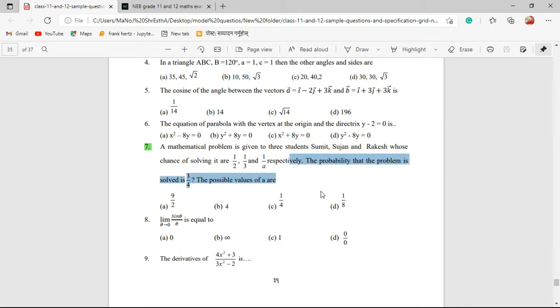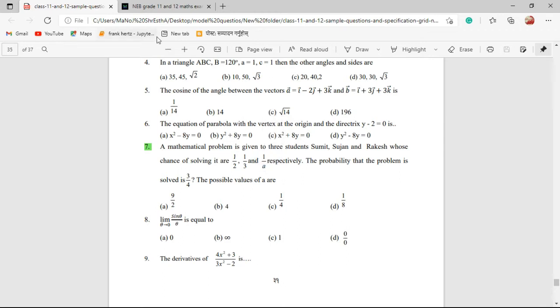Because the probabilities of solving the problem and not solving the problem sum to 1. So we have the probability of solving the problem. We have to find the probability of Sumit, Susan and Rakesh all not solving the problem, and using the formula we will find the value of a.